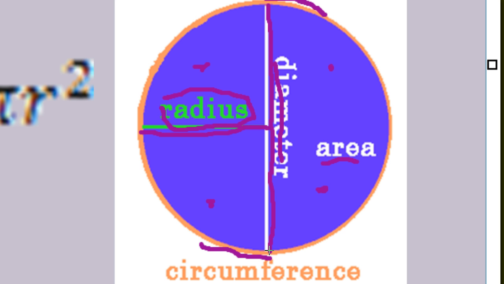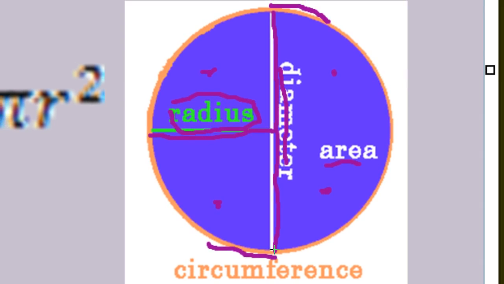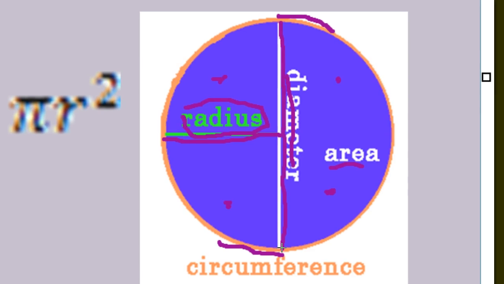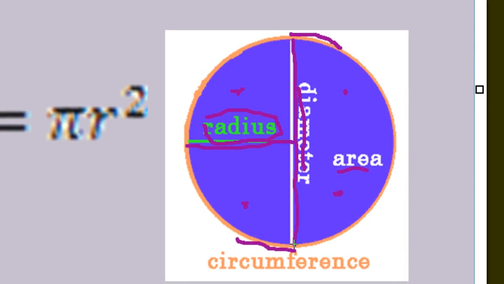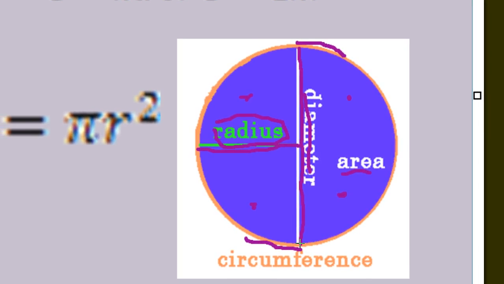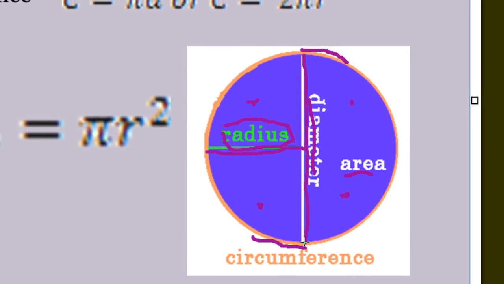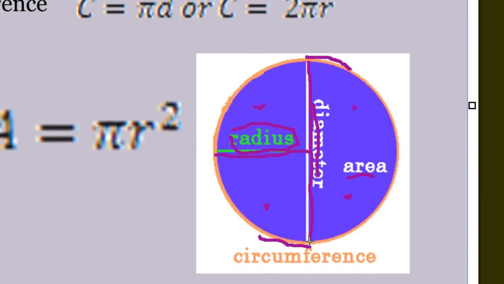Up at the top of the page, you'll see that I have the formula for circumference, and we can write that as either C equals pi times the diameter, or if they give us a radius, we would write it as C equals 2 pi times the radius. And then the formula for the area of a circle is the area equals pi r squared.